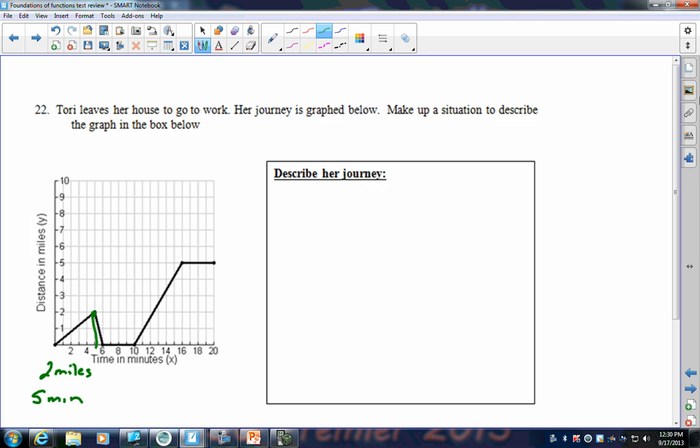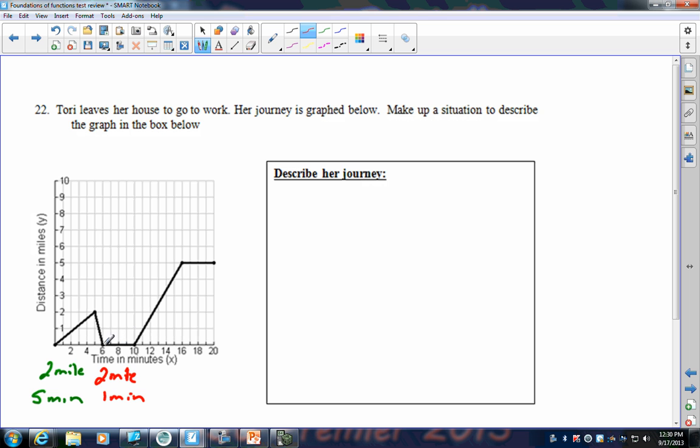Now, what's happening after 5 minutes? She goes back. Does she go back slow? How do you know it's real fast? It's really steep, and this time she's going 2 miles in how many minutes? It looks like 1 minute. So it's like 2 miles all of a sudden in 1 minute.